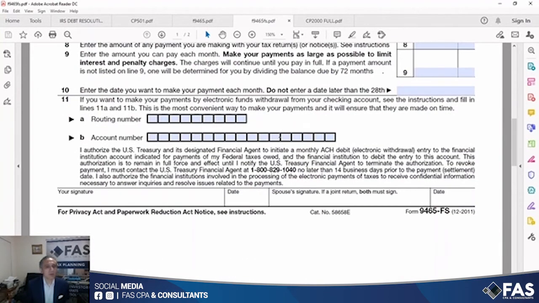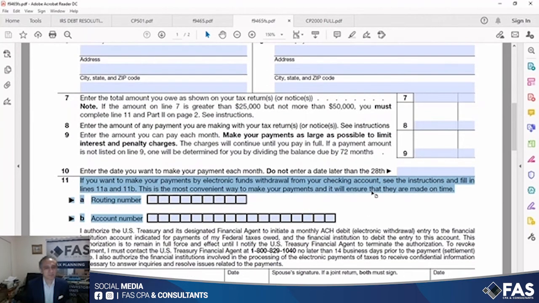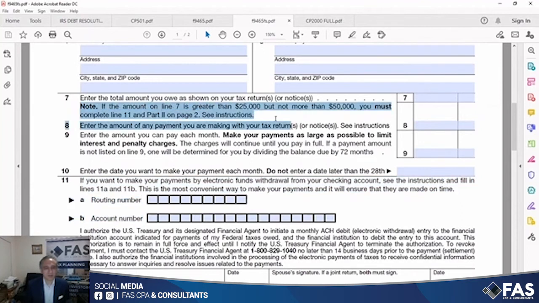And you must do a bank debit for payments. You have to. It's an obligation. It's even a notice here.